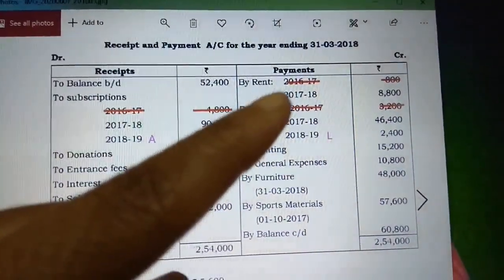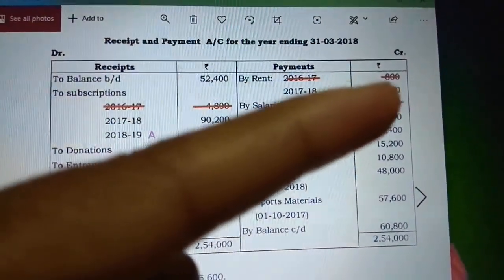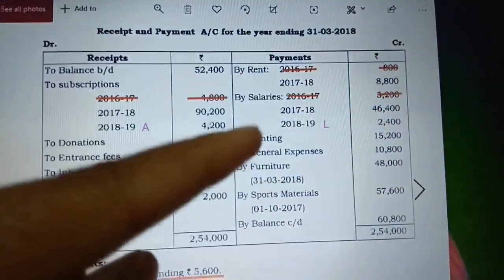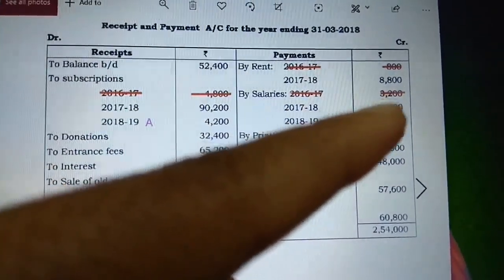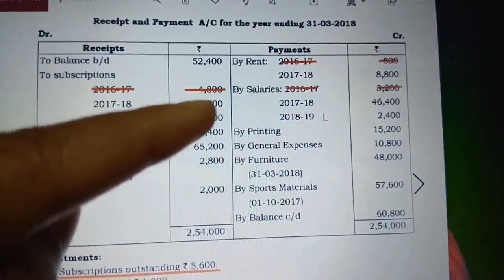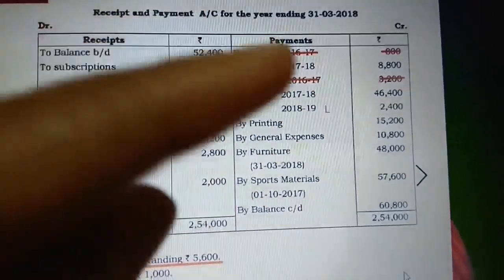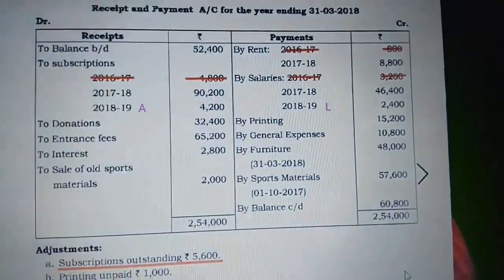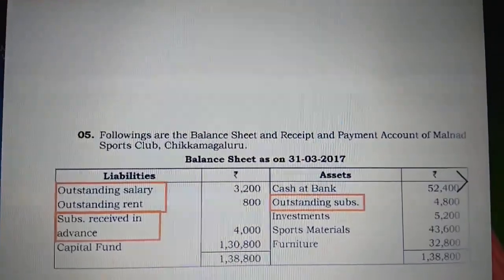Rent for 16 and 17 is nothing but last year's value, 800, which is already considered. Salary for 16 and 17, 3200, is already considered, and subscription, 4800, is also already considered. So when they have been considered, we need not take this into account for our calculation.